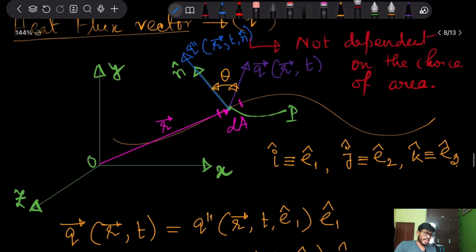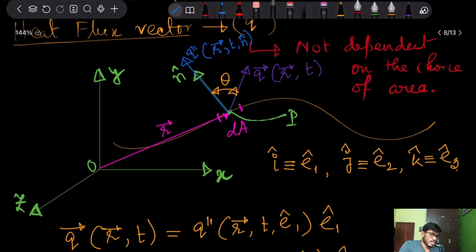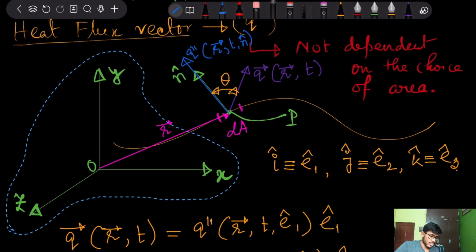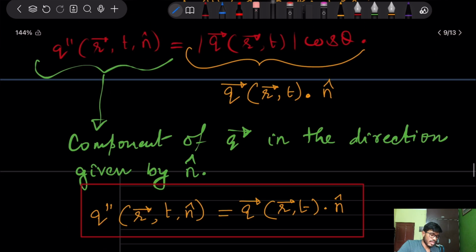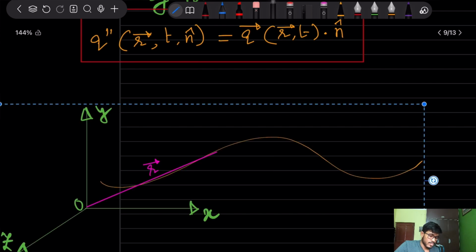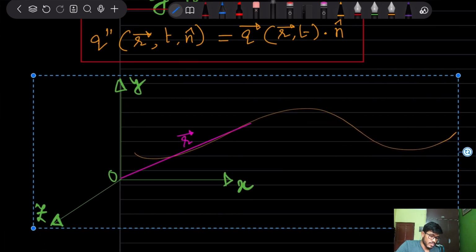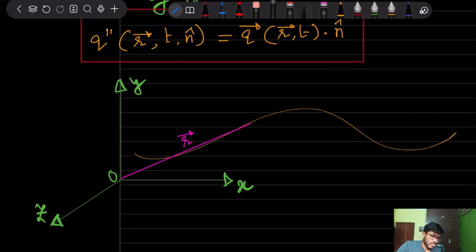So now I will again need the coordinate axis here. So let me take this one. Let me copy this and paste it here. And I don't need this surface now.